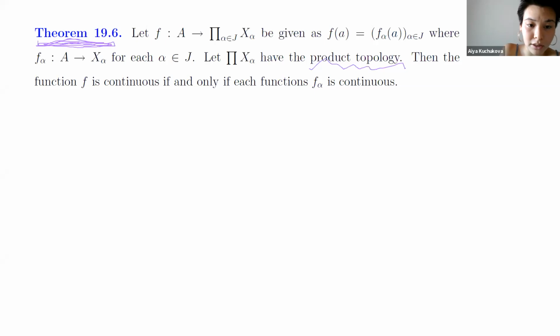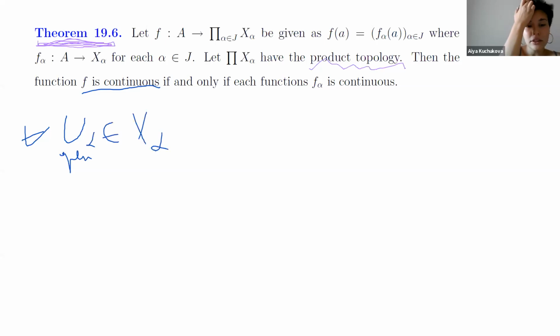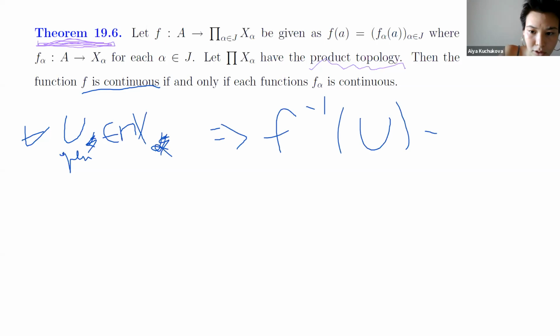Probably you can say, if f is continuous, it means that for any open set U in the cross product, then for any open multidimensional set in the cross product of X, it should be that f minus 1 of U is open, right? And that's just the definition.